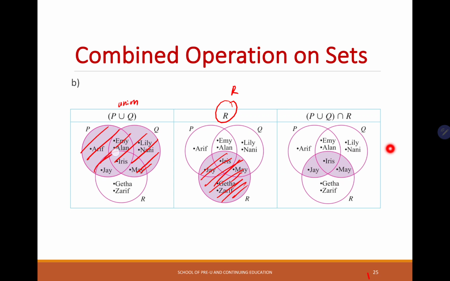So we can see that all these and this are intersecting each other. So that's why your answer for the shaded region of P union Q intersect with R is this one.